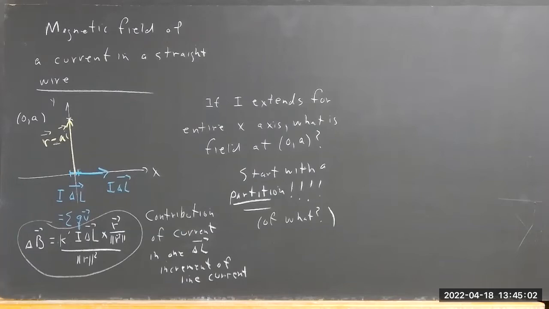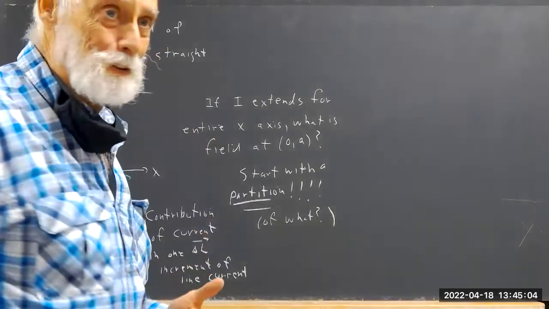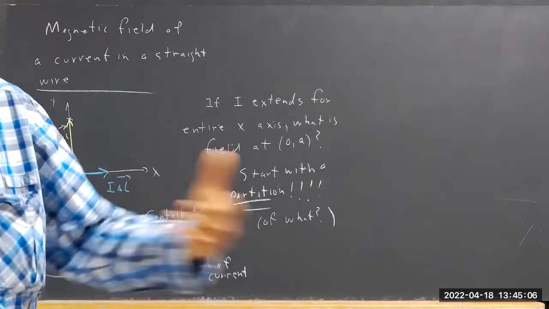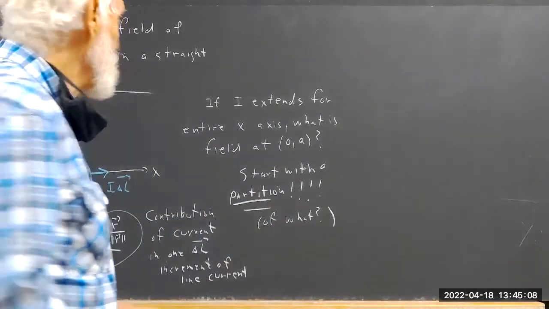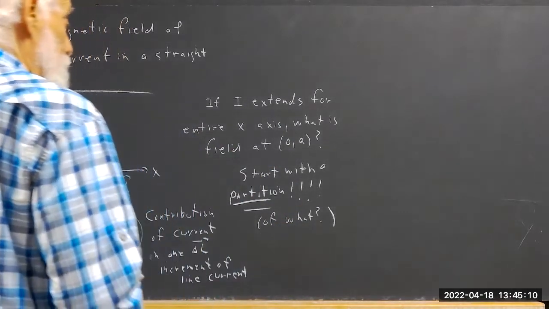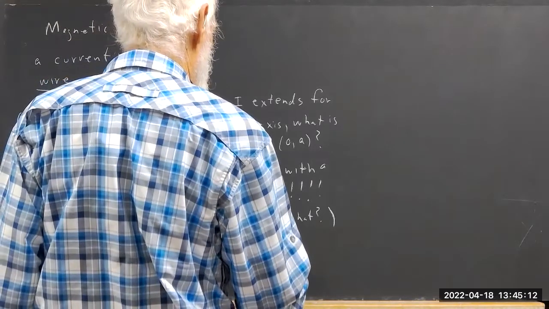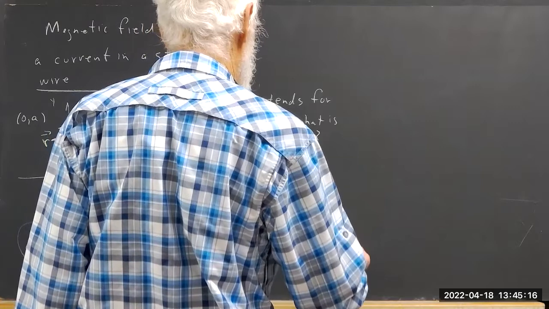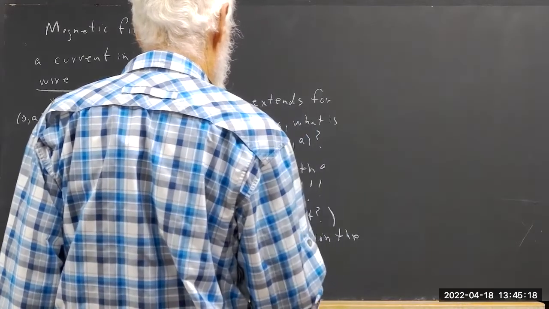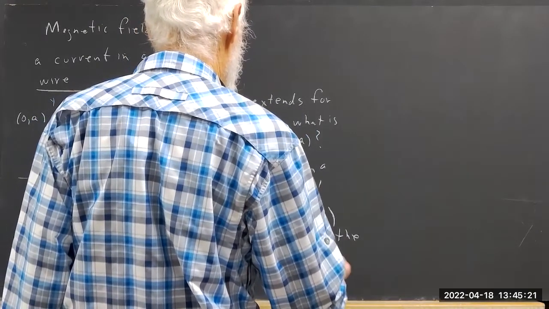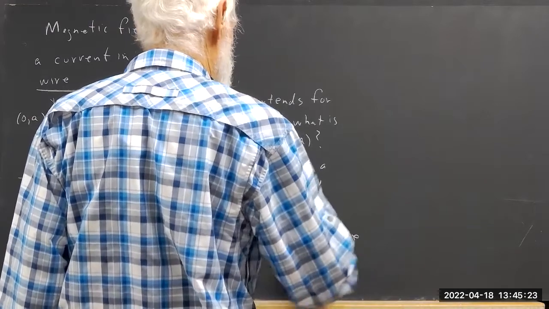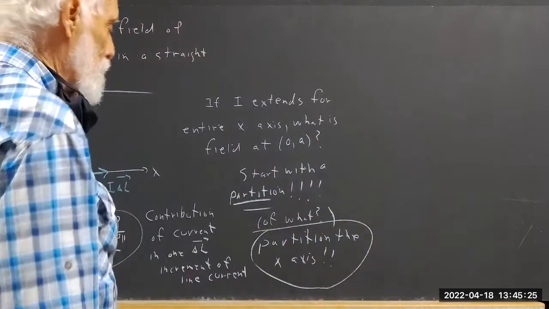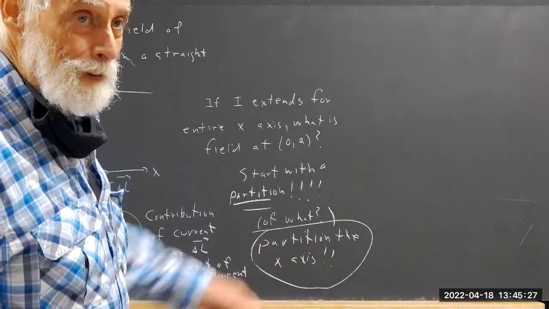We're kind of spinning around in circles here. So I'm going to give you a big broad hint because we've only got a few minutes left. Currents along the x-axis.